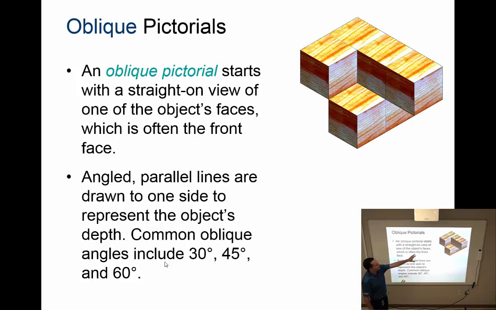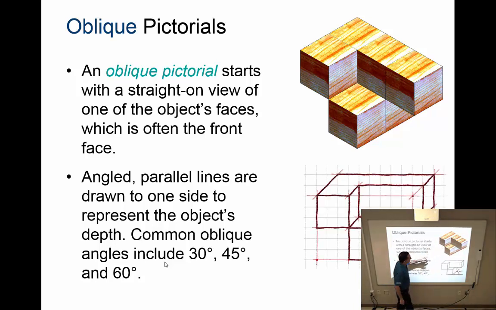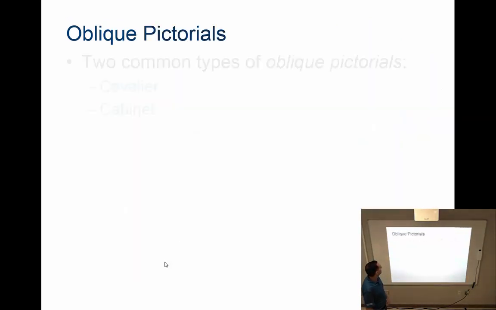So if this is the object that we wanted to draw, I have the front view that I would identify first. So this surface, and these two blocks I draw flat, and then everything else gets projected back, or pulled back, at, in this case, a 45-degree angle to represent depth for this object.